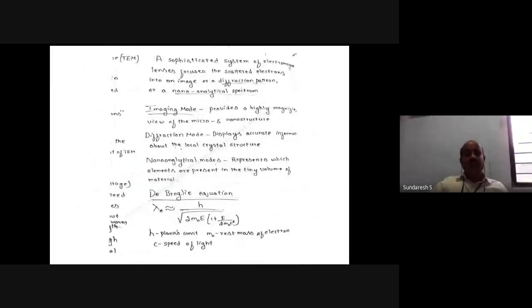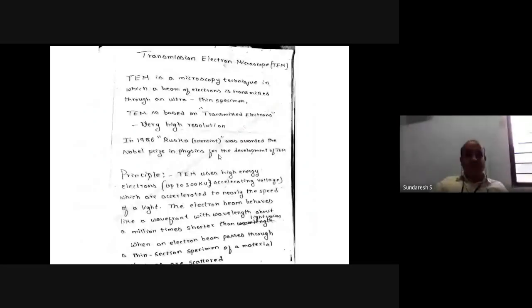This is just the notes we have here. TEM is a microscopy technique in which a beam of electrons is transmitted through an ultra thin specimen. It is based on transmitted electrons and has very high resolution. In 1986, Ruska, a scientist, was awarded the Nobel Prize for the development of TEM.